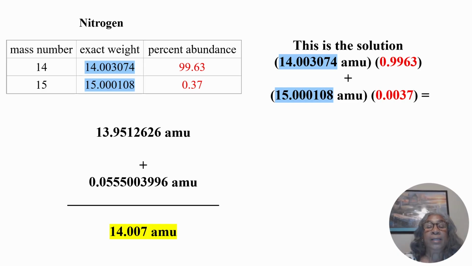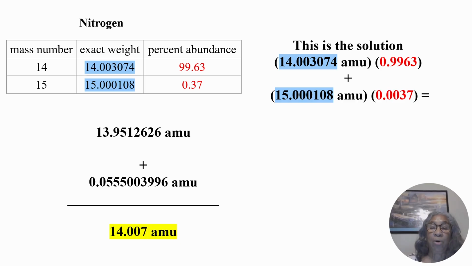A common mistake that I observe students who have not prepared make in assessments is that instead of using the percentages given for the different isotopes, they will add the exact masses in atomic mass units and divide by 2. That is not how that works.